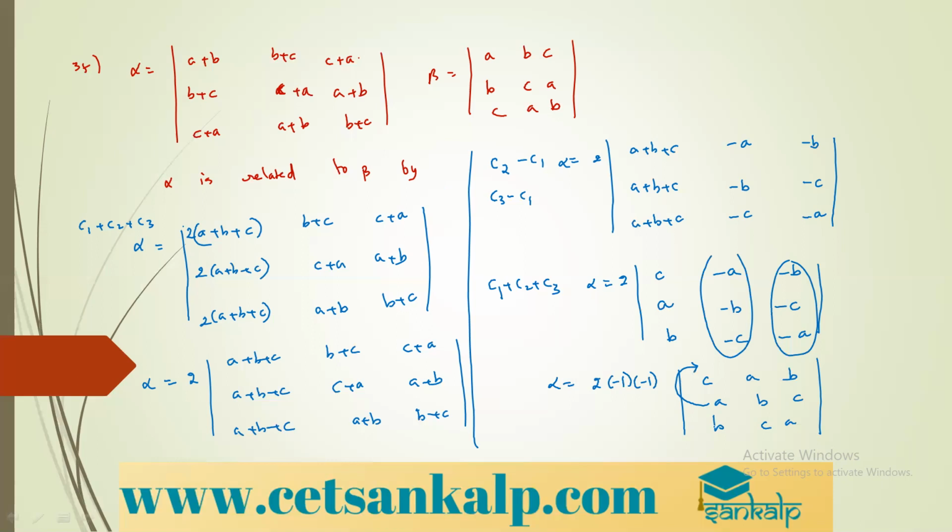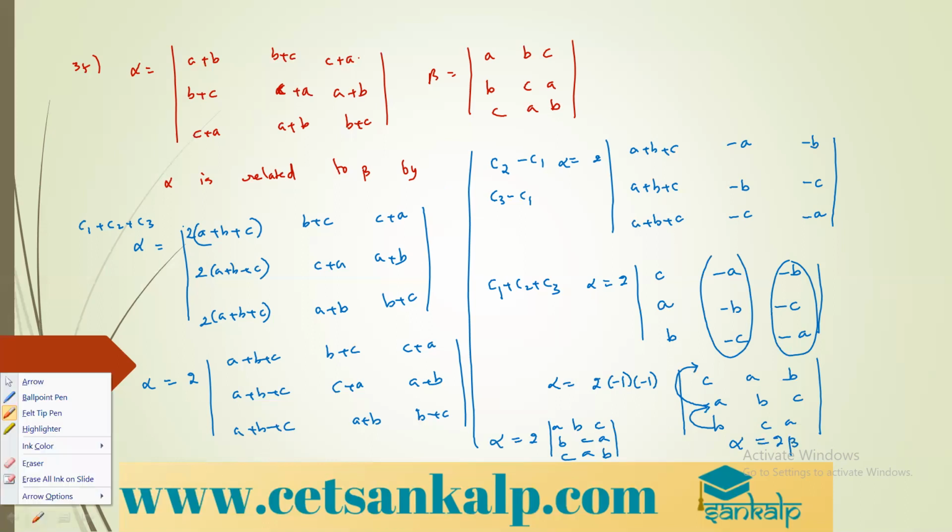Then I want to get BCA row next. So I can interchange and do that. So that alpha I will get 2 times ABC, BCA, CAB. Or I can write alpha is 2 times beta. After applying all these operations, finally I get that.